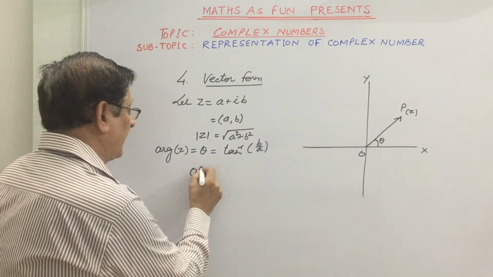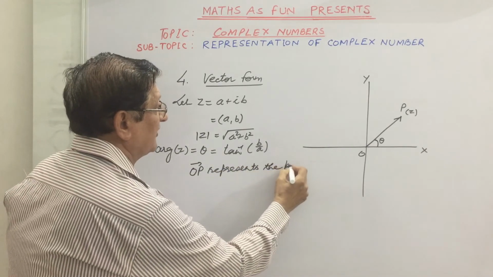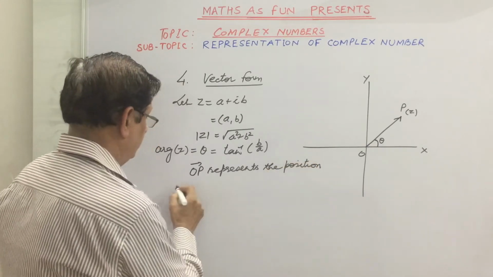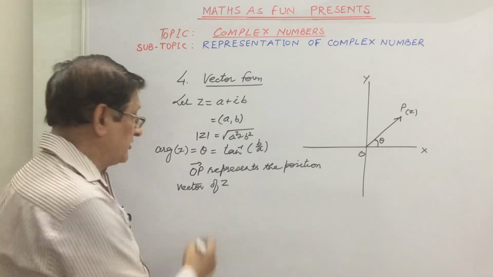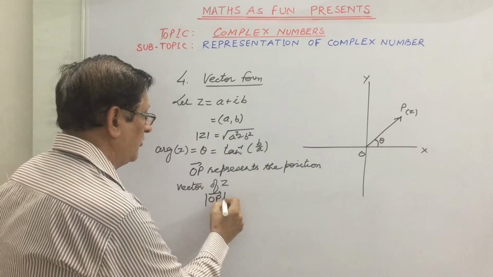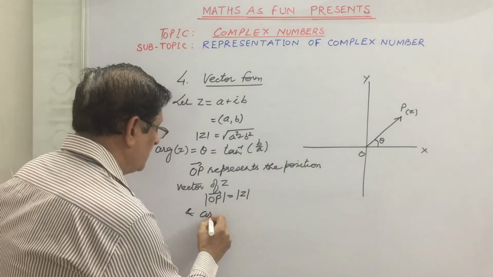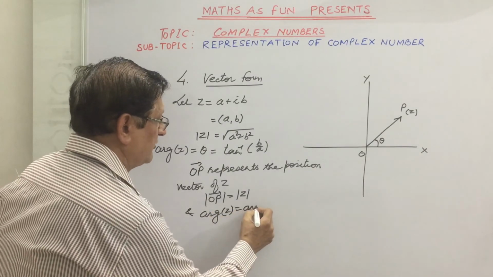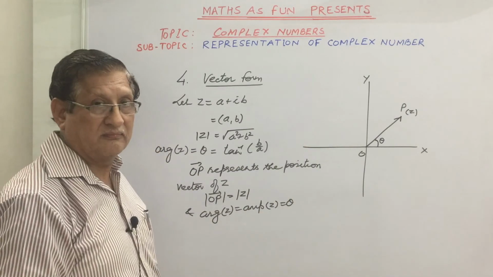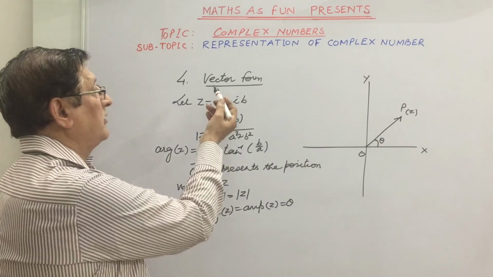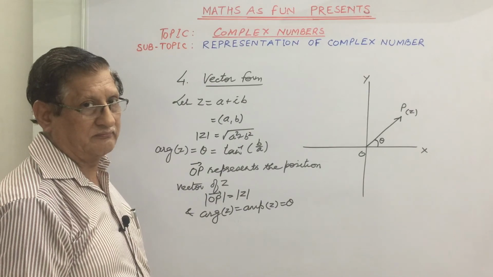So here vector OP represents the position vector of Z. The length of OP, that is magnitude of vector OP, represents the magnitude of Z, and argument of Z or amplitude of Z, that is theta, represents its direction. It means a complex number can also be represented in the vector form.